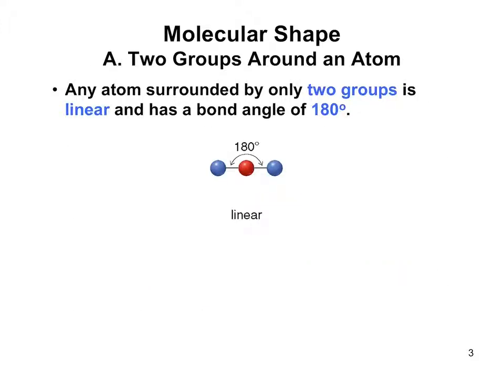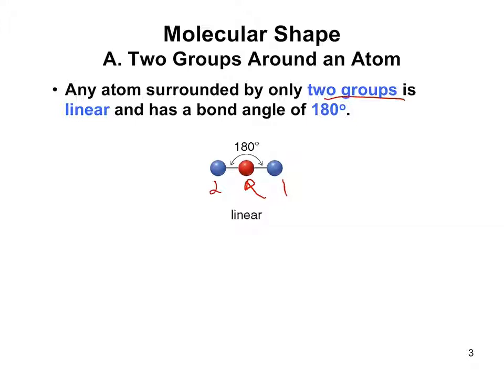All right, so let's take a look at what this is. Any atom surrounded by only two groups, in this case a fictitious molecule shown here with the central atom being the red ball and the two outside atoms the blue balls. If we count groups in this case, we have one group and then two groups. We've got two groups, and that is always going to give rise to what we call a linear shape.